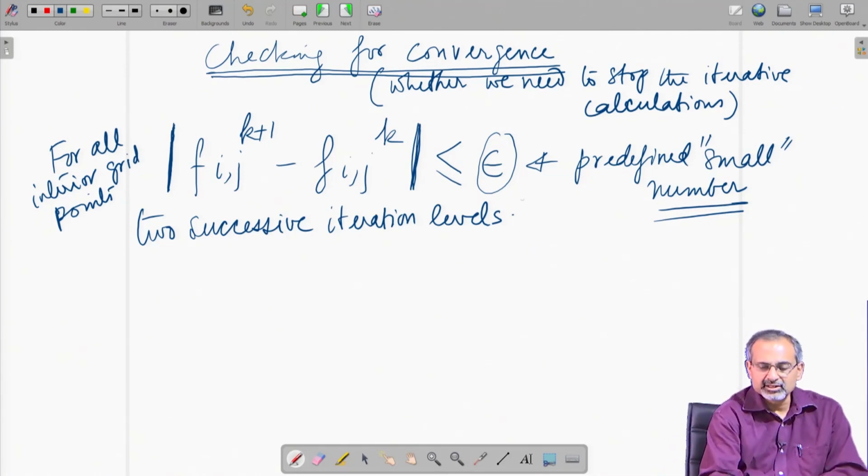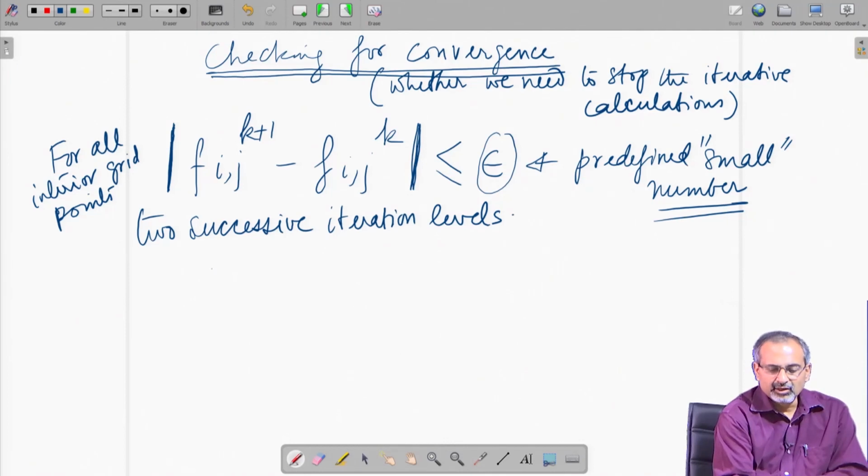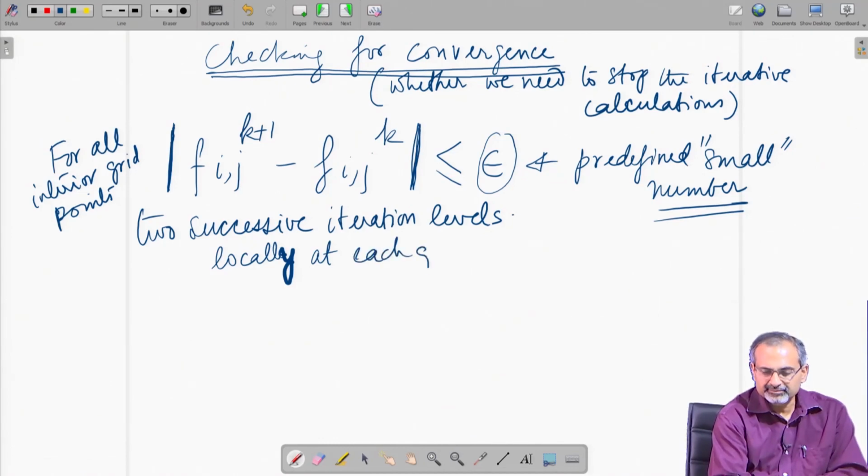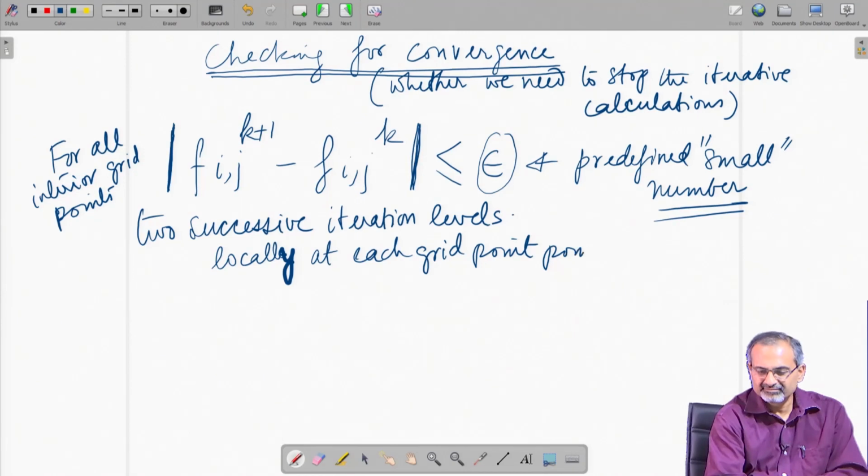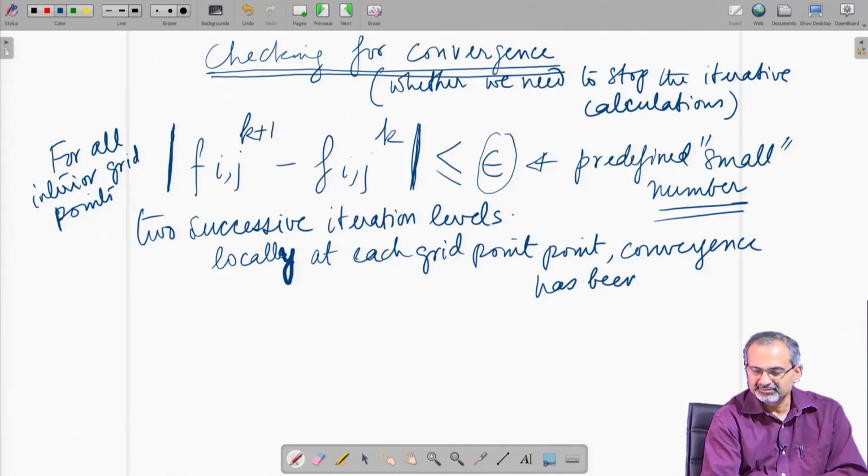This essentially ensures that locally at each grid point convergence has been achieved.